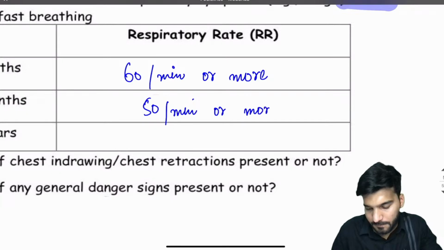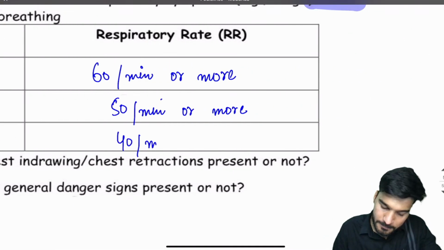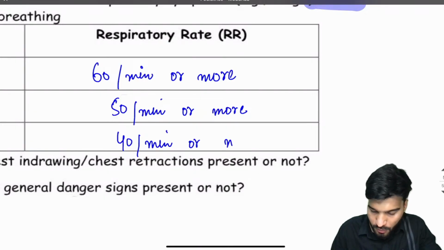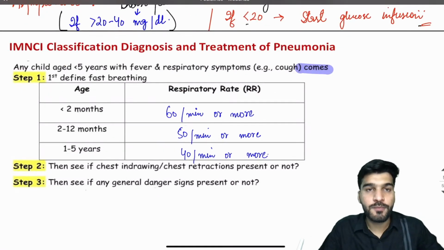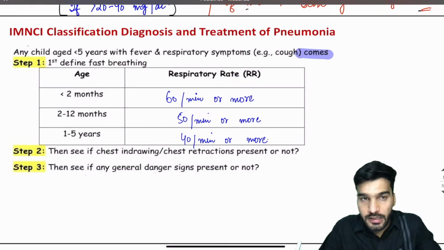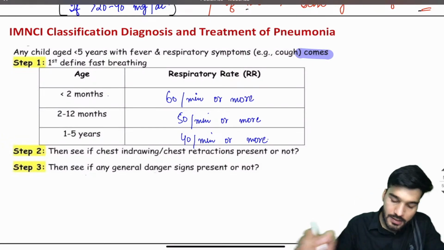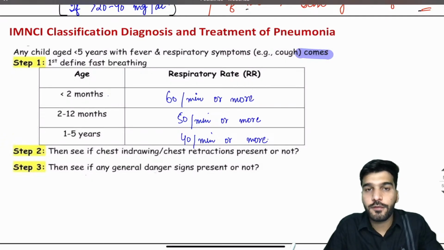And for 1 to 5 years, it's 40 per minute or more. So first of all, you need to see what exactly the respiratory rate is.